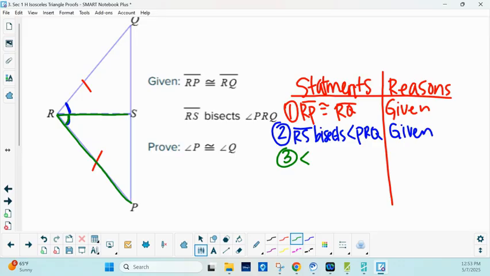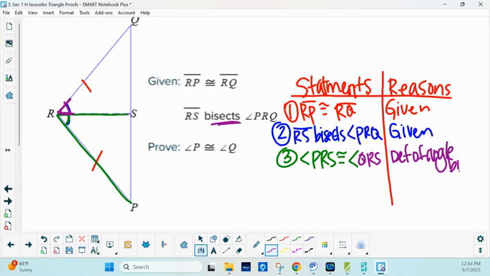The vertex has to go in the middle. So P, R, S. Does that make sense to everybody? The vertex, the point, the turning point of your angle has to go in the middle of your name. So angle QRS. And that is because we were told that RS bisects the bigger one, so that's the definition of an angle bisector.